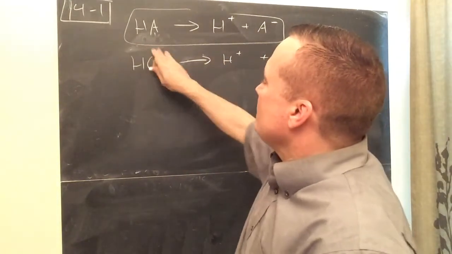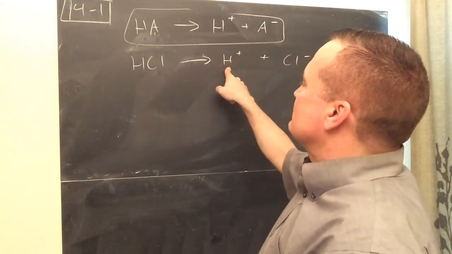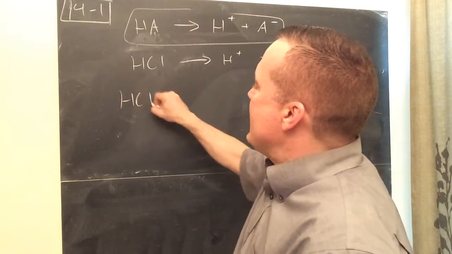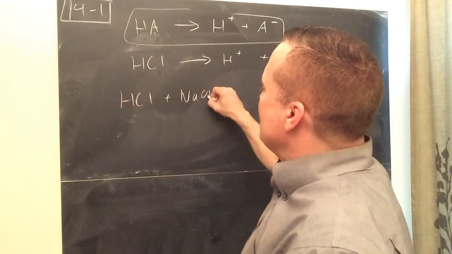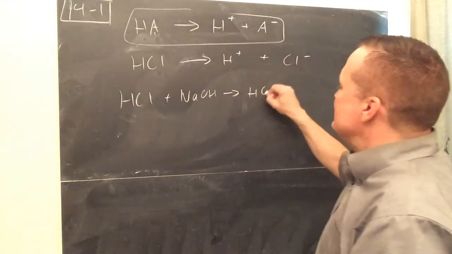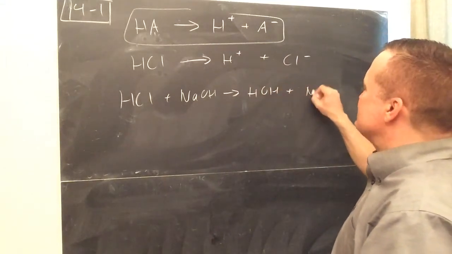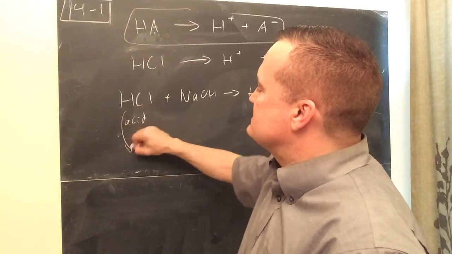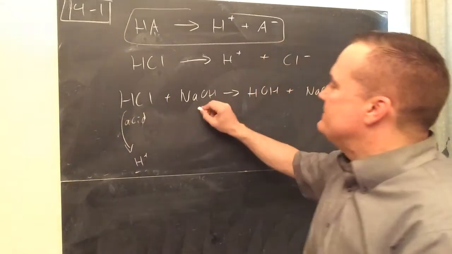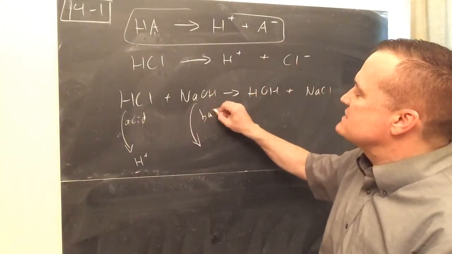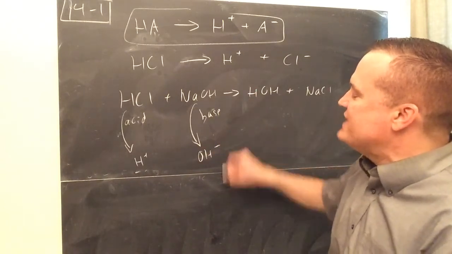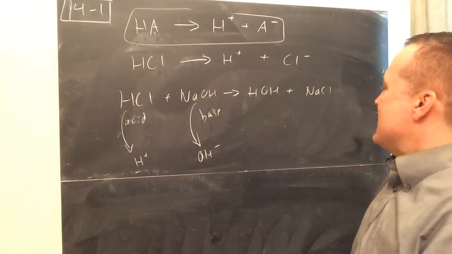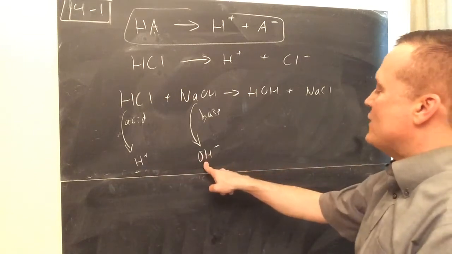Now, that would be an acid because it releases H+. And so HCl plus NaOH gives you HOH and NaCl. This is the acid because it releases H+. This is the base. A base is a substance that releases OH negative. Okay? And then H plus and OH negative, guess what?